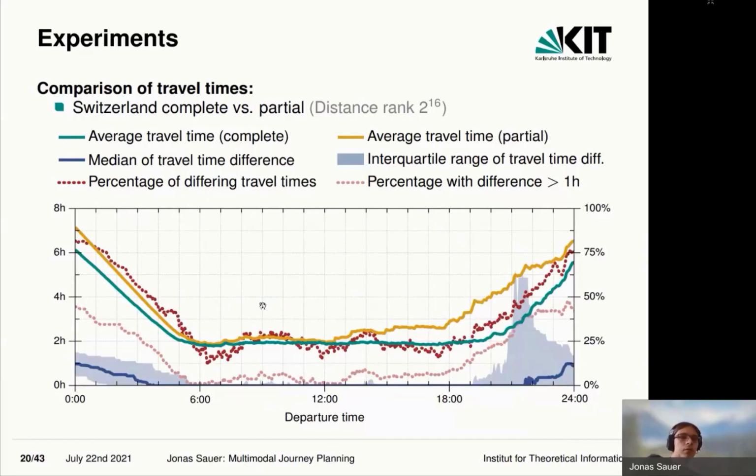But we still observe a difference in the travel times, and it's not that large during the day, but it gets larger starting in the evening and even larger during the night.